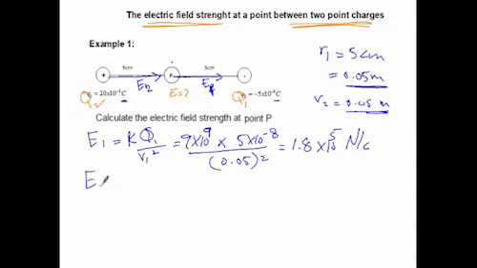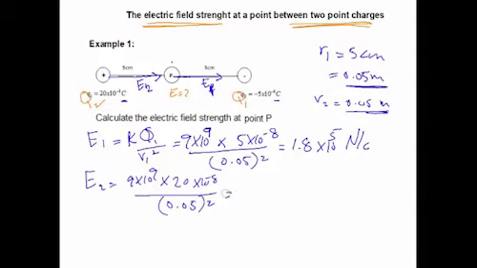Let's calculate our E2. This is our Q2, and this is R2. So 9 times 10 to the 9 times Q2, which is 20 times 10 to the minus 8, over again 0.05 whole squared. This will give us 7.2 times 10 to the 5 newtons per coulomb.